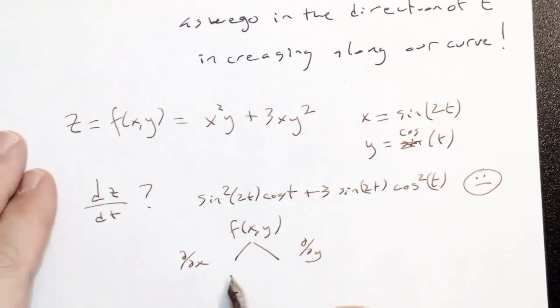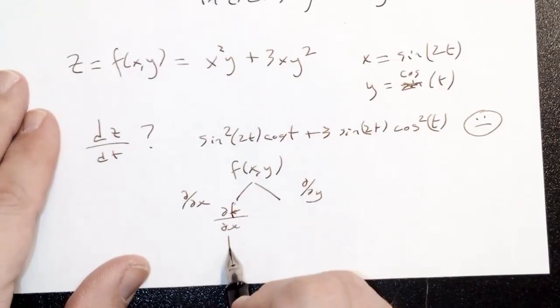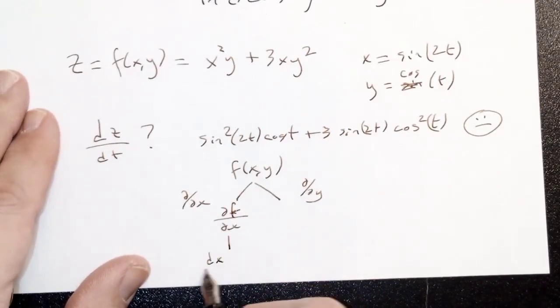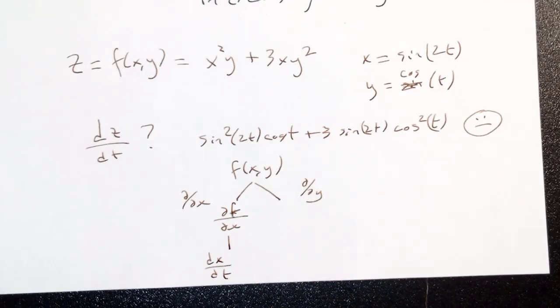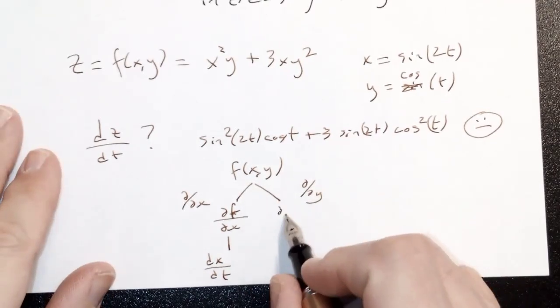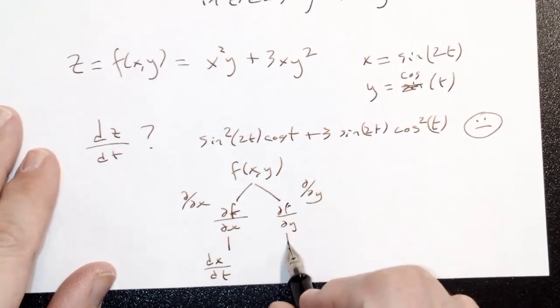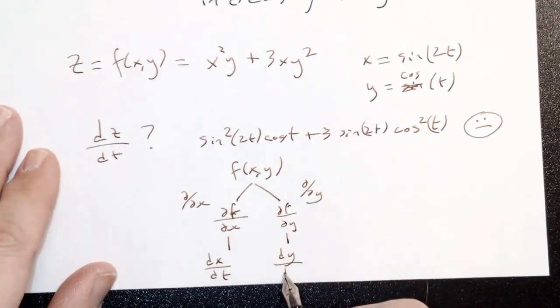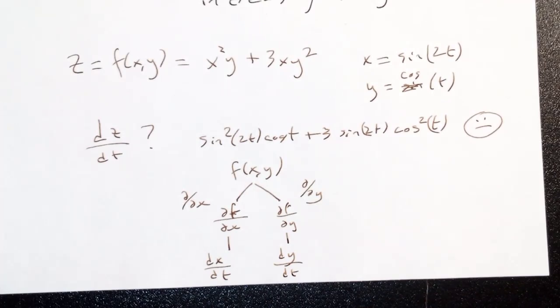So I would say, oh, I'm going to get the partial of f with respect to x, and then I'm going to multiply that with the derivative of x with respect to t. That's the derivative of the inside. Notice that's a regular derivative because x only has one variable in it. X only has t in it. It doesn't have anything else. What do I get over here? I get the partial of f with respect to y, and then I'm going to multiply that by the derivative of y in terms of t.